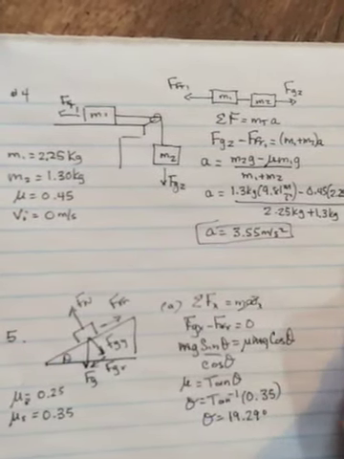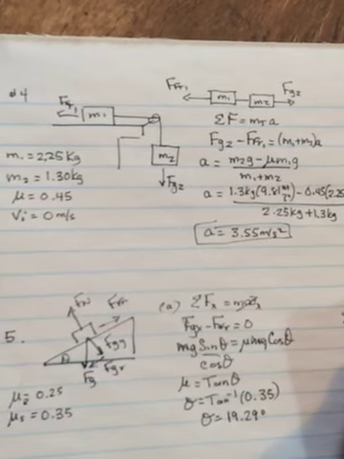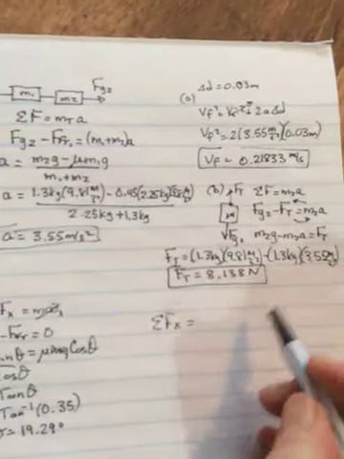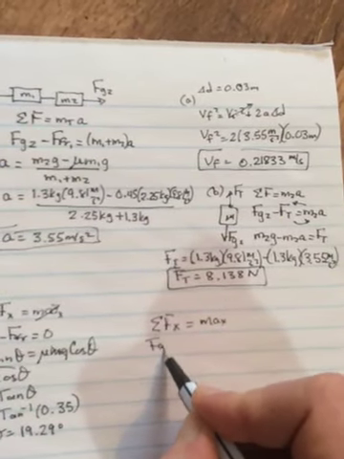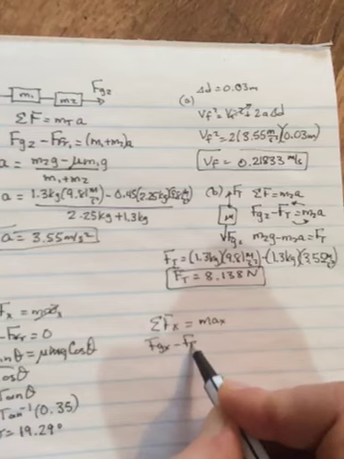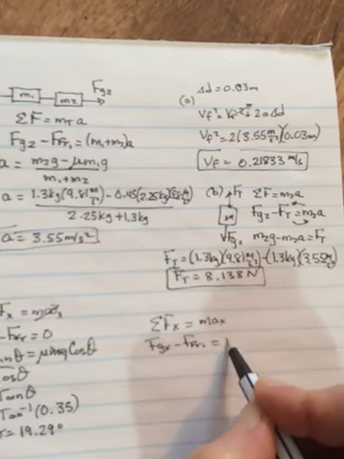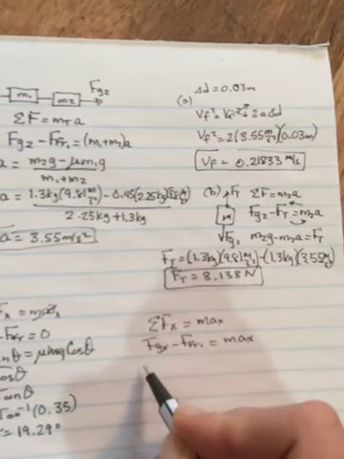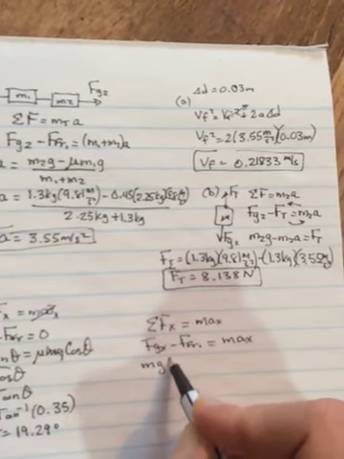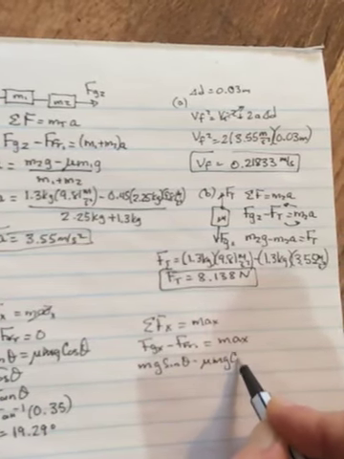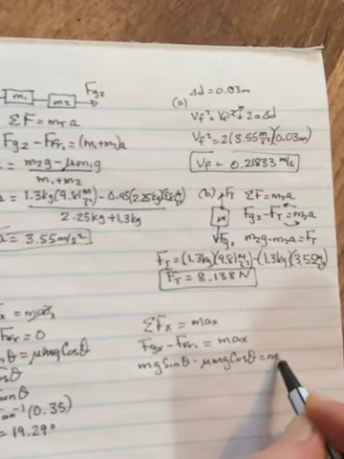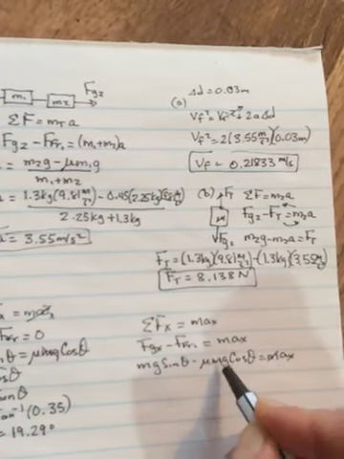Then in part B, it is going to start to move, and so it wants to know what would be the acceleration. So do the sum of the forces in the x direction. FGX still going down, friction still going back, equal to, this time the MAX doesn't go to 0, so it'll be mg sine theta minus mu mg cos theta will equal MAX. The m's will cancel.